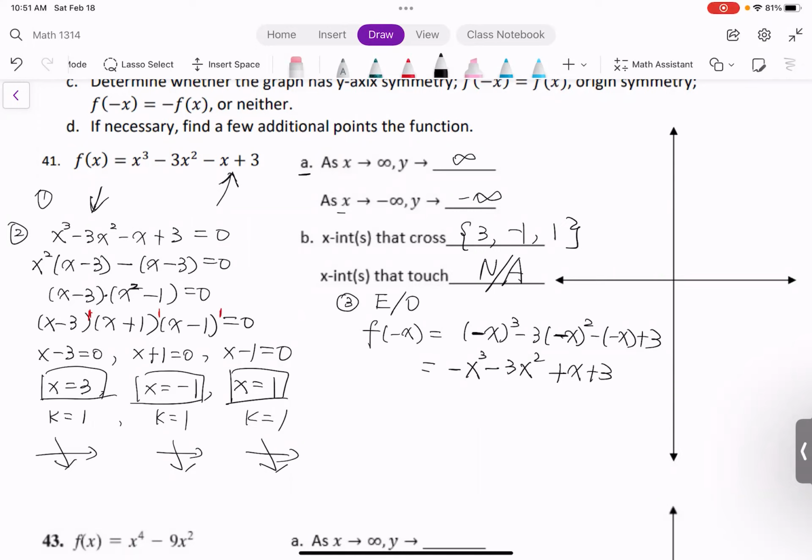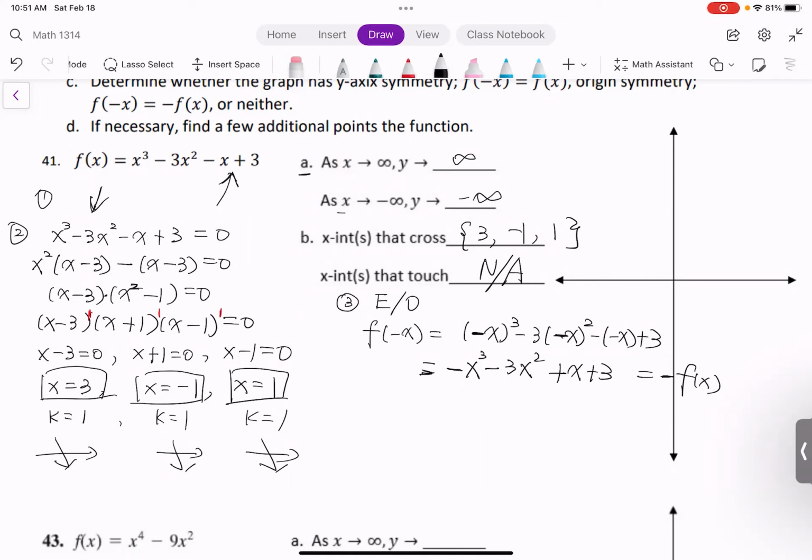So tell me, is this even or odd? It's not equal to f of x, so this is not even. Can I prove that it equals negative f of x, as an odd function would?